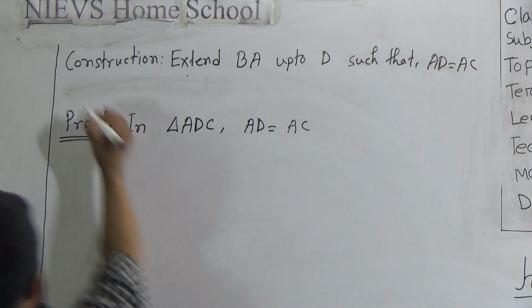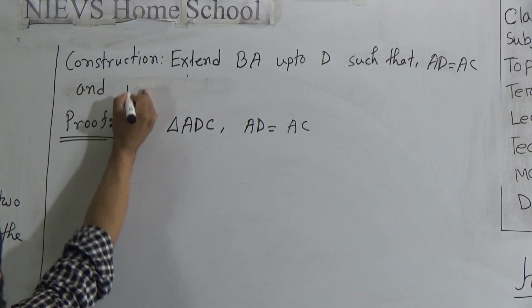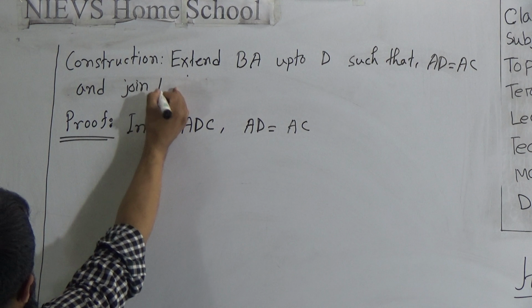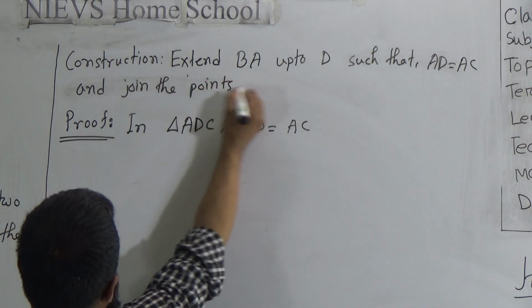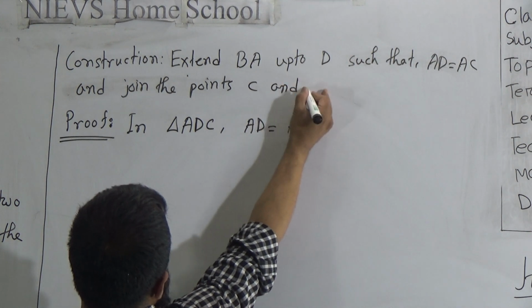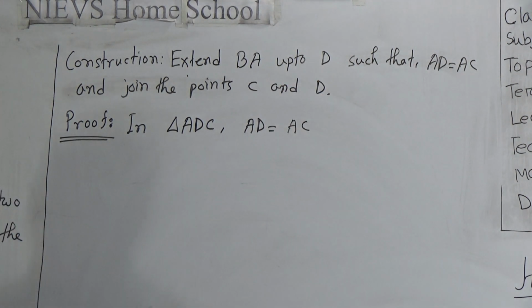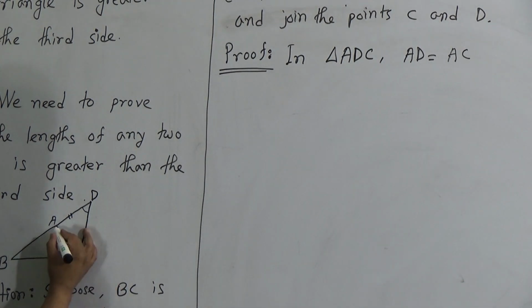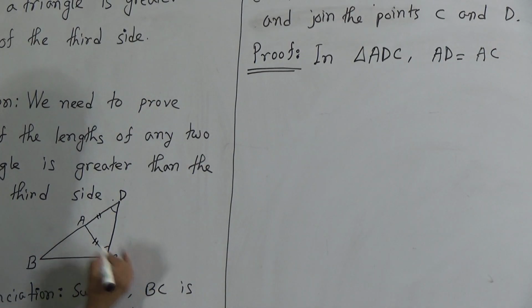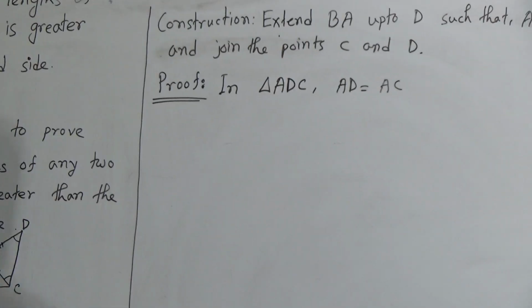And join the points C and D. Now we can write down in the triangle ADC the side AD equal to AC. So it's an isosceles triangle.